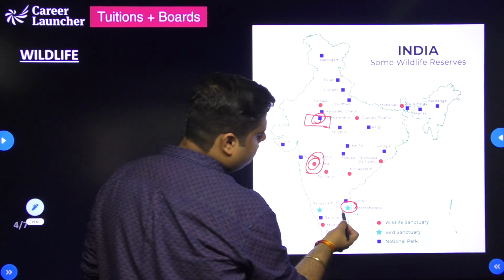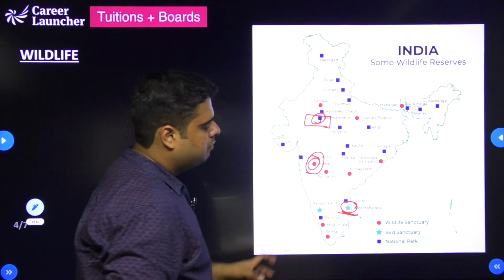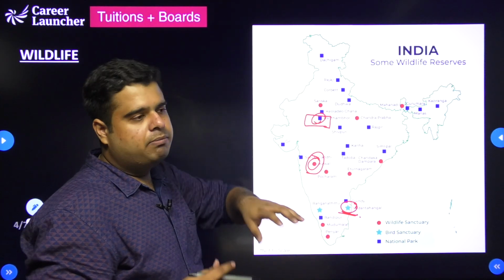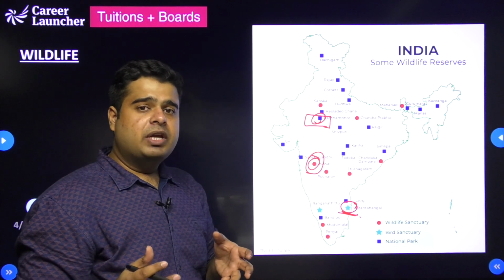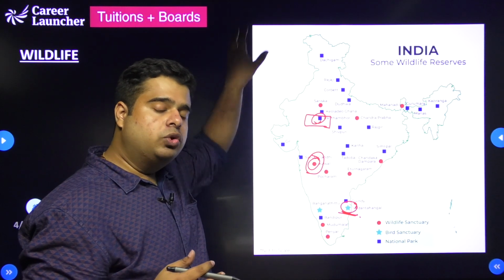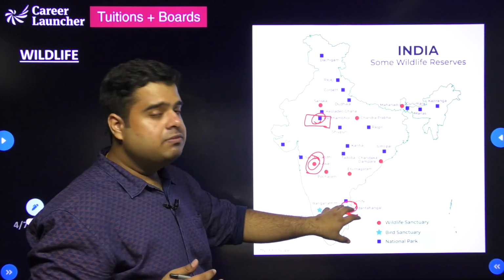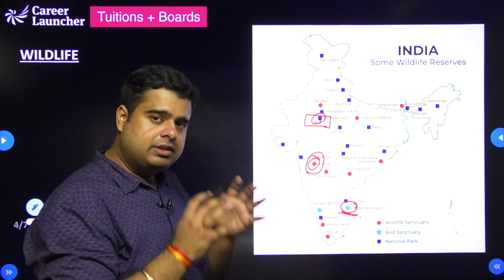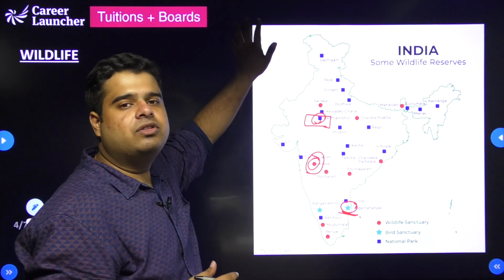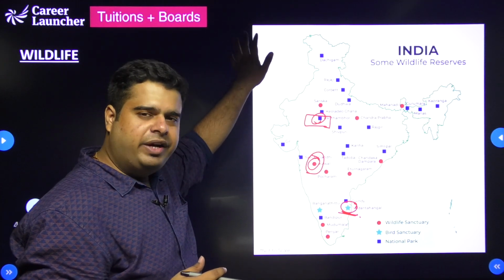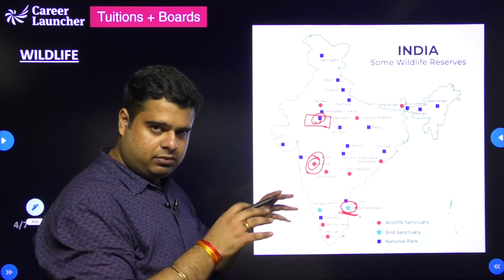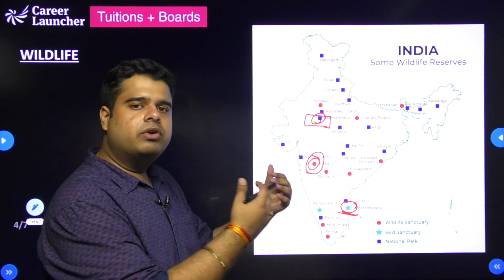The bird sanctuaries are special pockets where birds from different geographic regions, for example, there are cranes which fly from the region of Siberia and Russia during the winter time and come into these pockets and stay there for 4 to 5 months, because the temperature in Siberian Russia gets very cold during the winter time, and the temperature in these bird sanctuary locations is suitable for them.